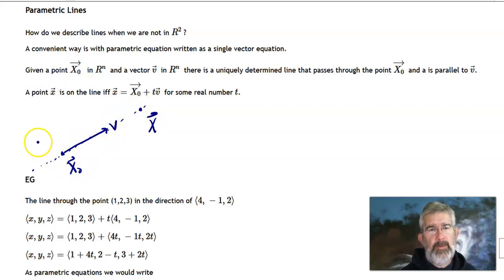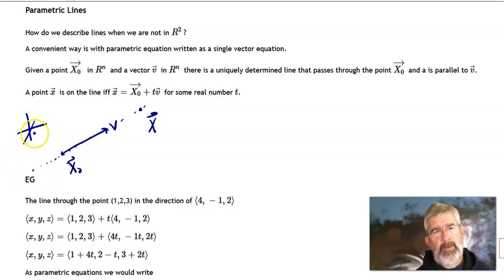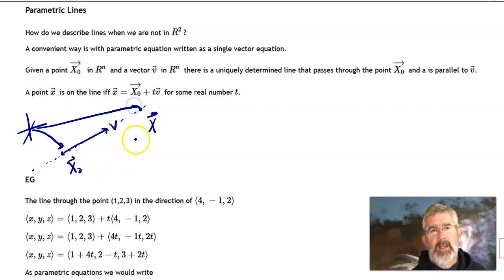Now remember, there's some coordinate system somewhere, and I'm just drawing an R2 coordinate system, but let's make it an R3 coordinate system, but it could be R4 or higher. And I'm thinking of x0 as a vector here and x as a vector there. And so I can get to x by first doing x0 and then by moving some scalar multiple of v to get out here to x.